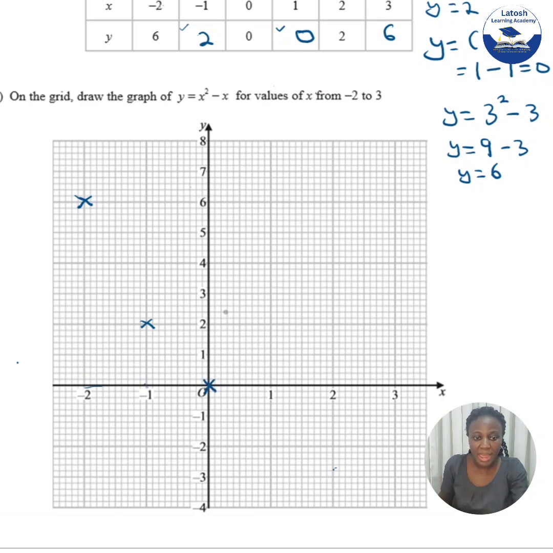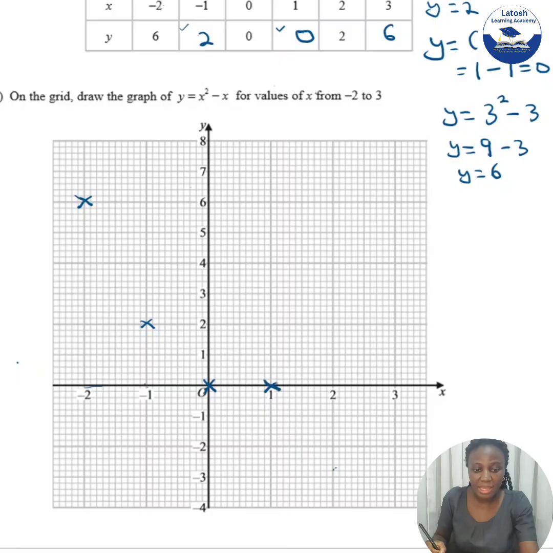Now we go to when x is 1, our y is 0. When x is 1 on this horizontal axis, then our y is 0. It means it's going to be on that line. And when x is 2, our y is 2. So x being 2 and y being 2 will be here.